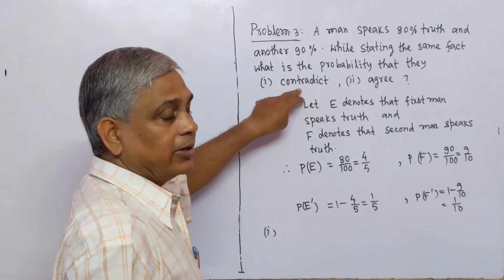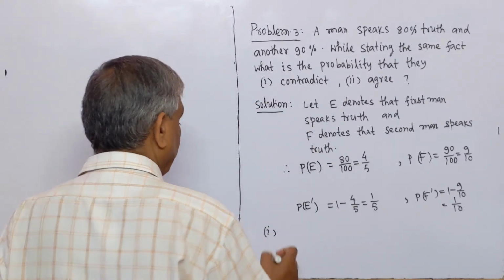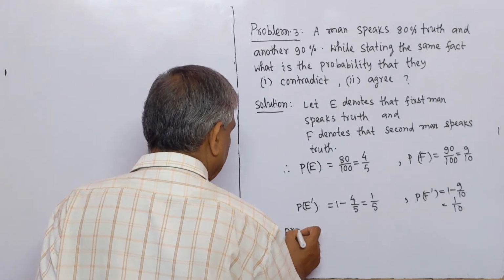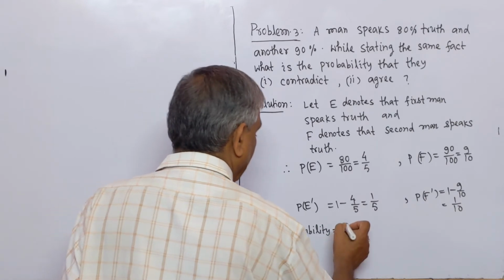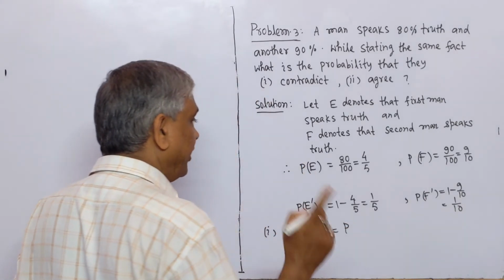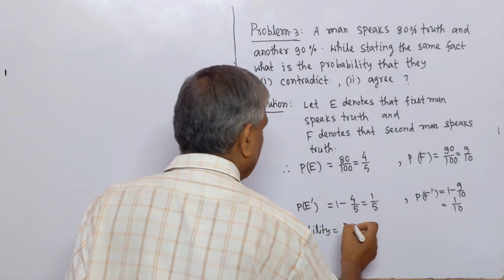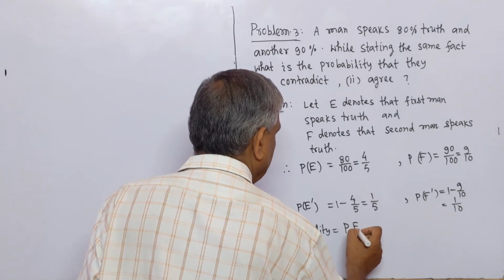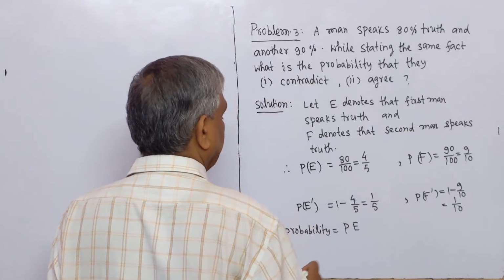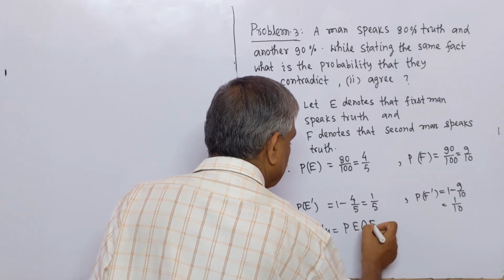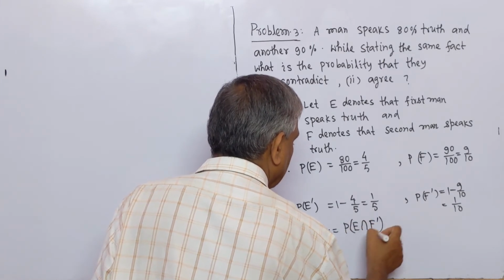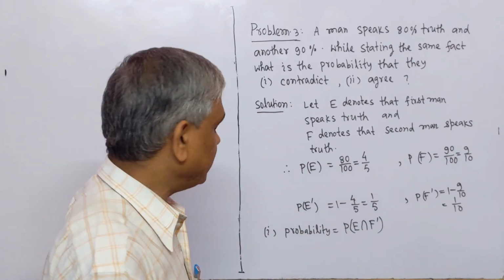They contradict means probability of this will be probability of first man speaks truth, P(E) intersect second man does not speak truth. So contradiction.